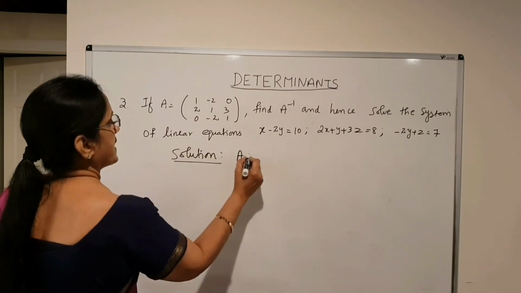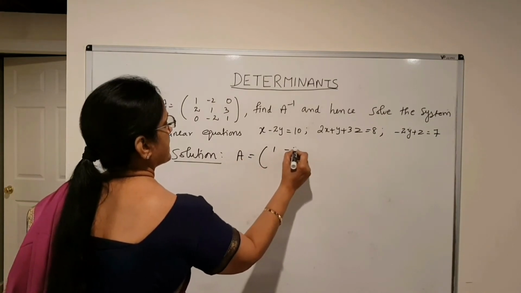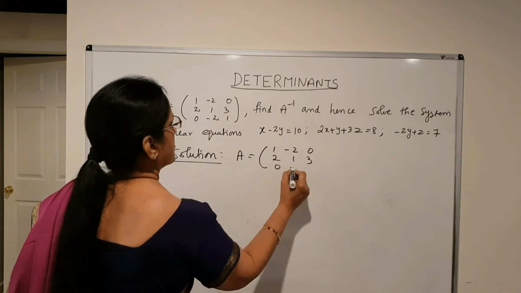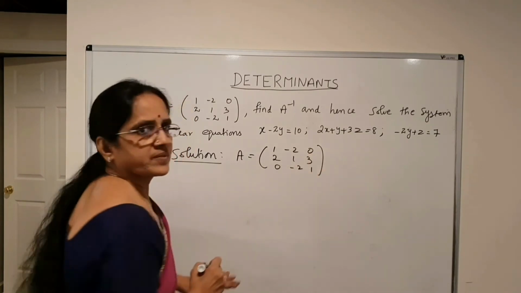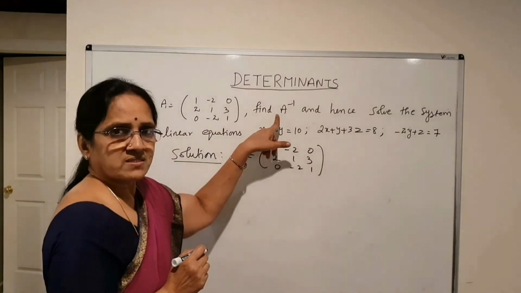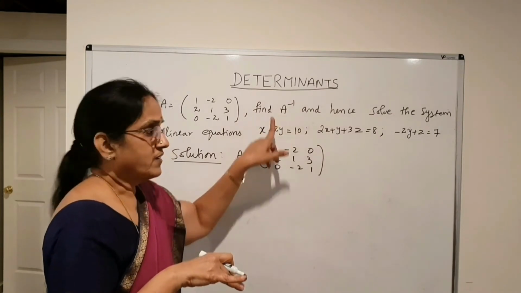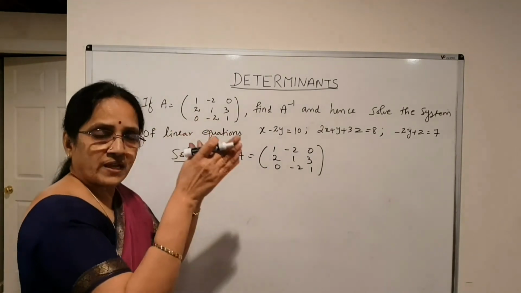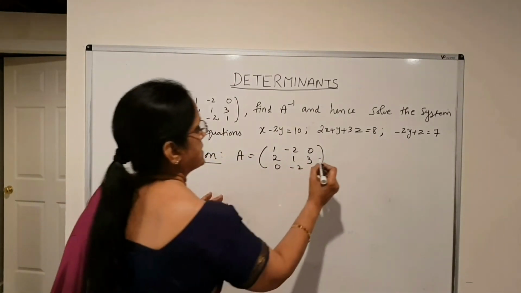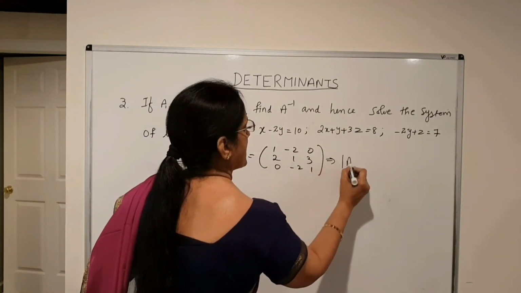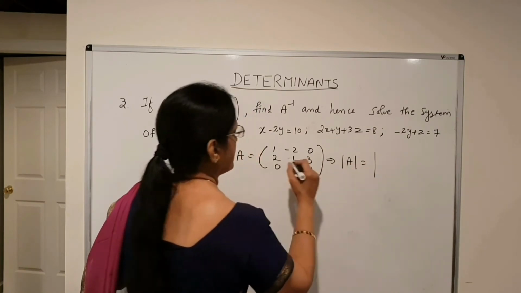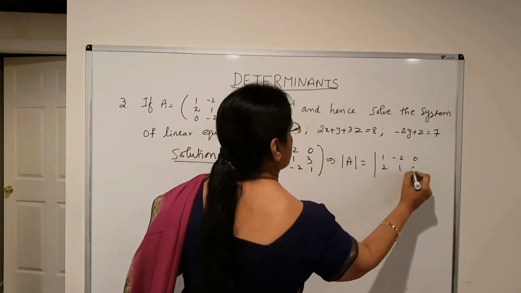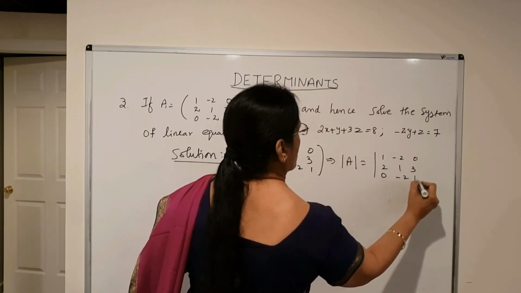Here the matrix A is equal to 1, minus 2, 0, 2, 1, 3, 0, minus 2, 1. I need to find out A inverse. So first I need to check whether A inverse exists or not. So for that I need to find out determinant of A. So this implies determinant A is equal to determinant 1, minus 2, 0, 2, 1, 3, 0, minus 2, 1.